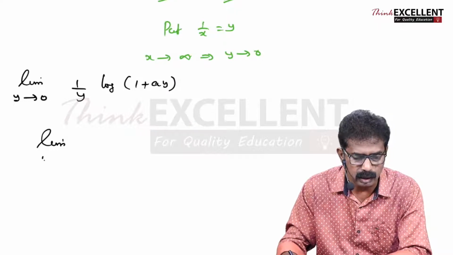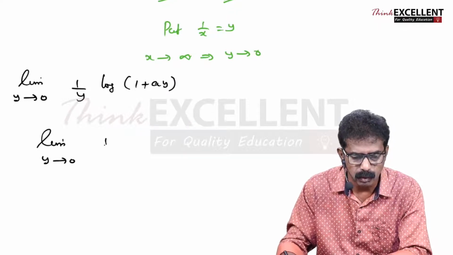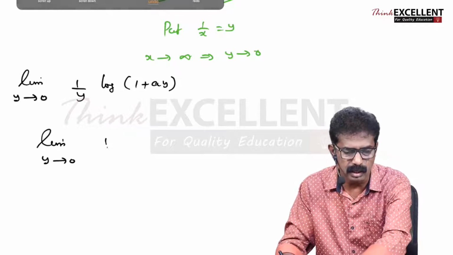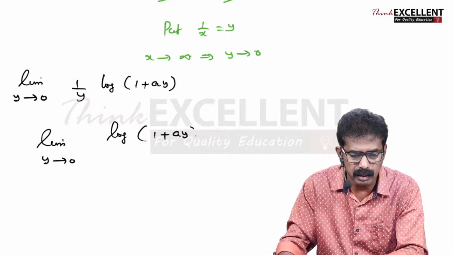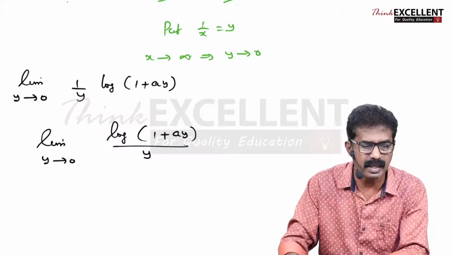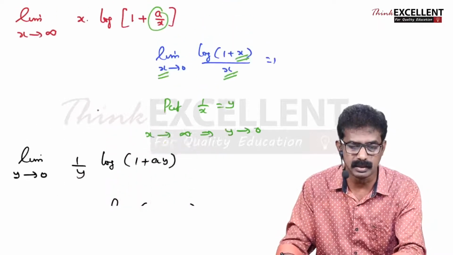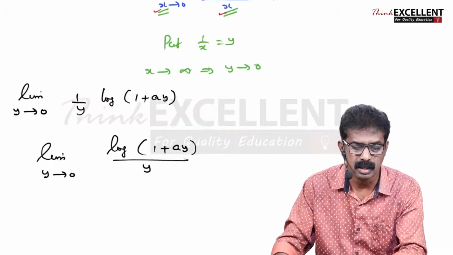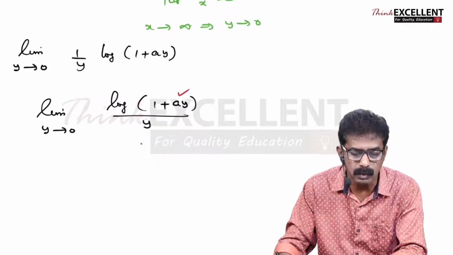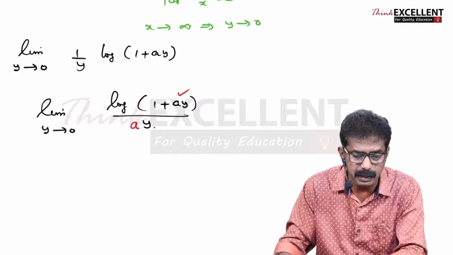Limit y tends to 0, 1 by y, log of (1 plus ay), which is log of (1 plus ay) by y. This is what we have. You can't simply write it as 1. See, I said these three values must be same. Here x, here x, here x. But since we have ay, I want ay here. So multiply and divide.